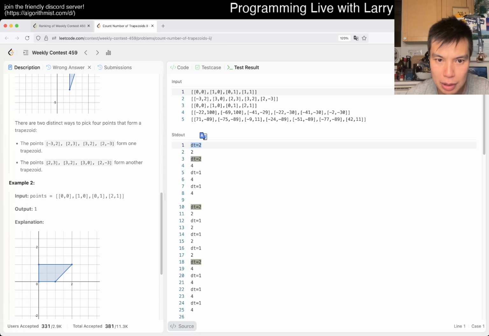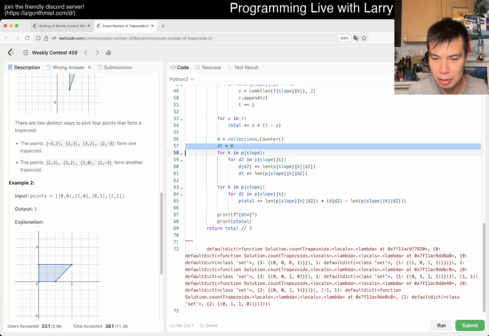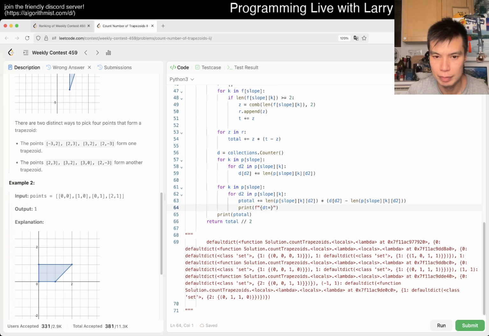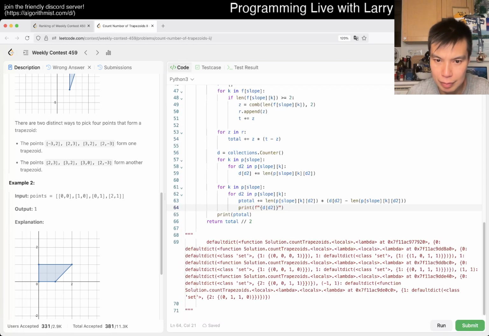dt is equal to 2, dt is equal to 1. Well, we don't use dt. I thought I did, but I was wrong. Do I not? Okay.